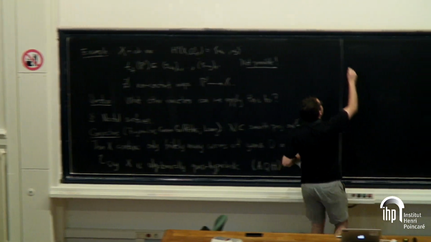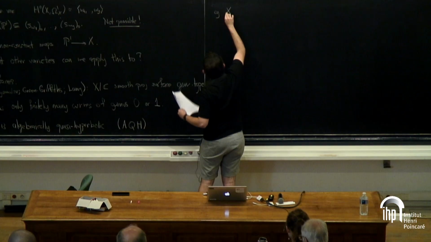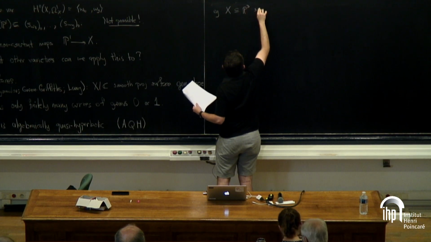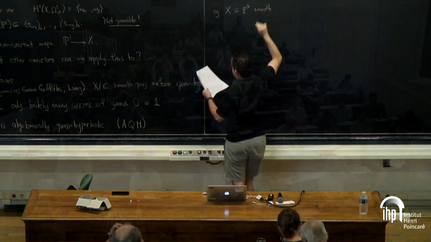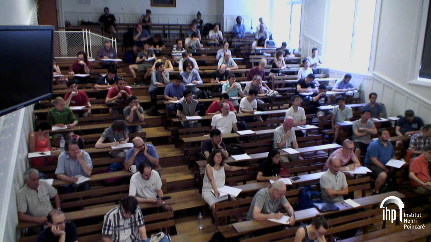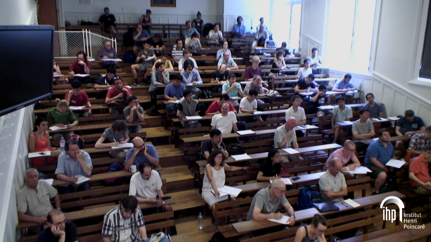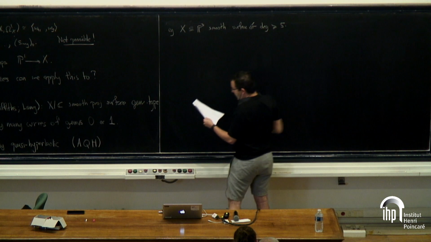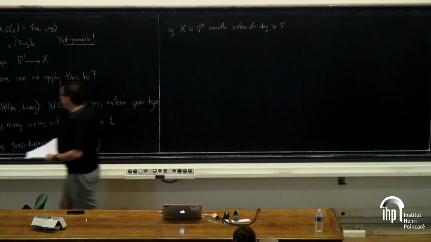So for example, I can take X in P3 to be a smooth surface of degree at least 5. So those are all surfaces of general type.